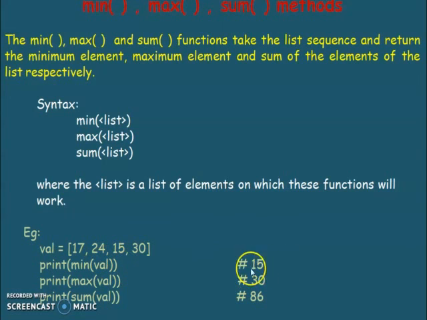In this list 15 is the minimum value, that's why it returns 15. Here print max of val. So the maximum value is 30, that's why it returns 30. Then print sum of val. Sum of val means it will add all the elements in the list and the sum will be returned.